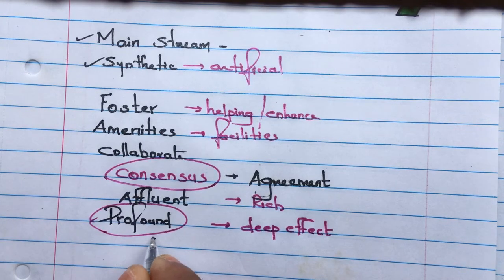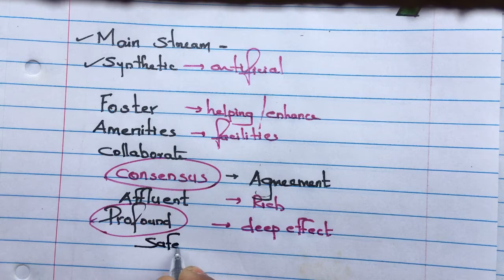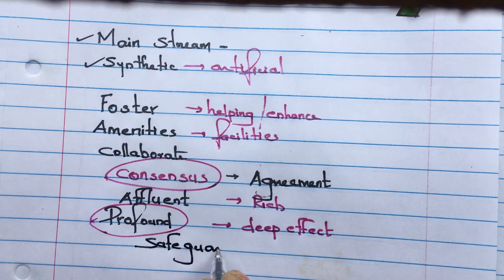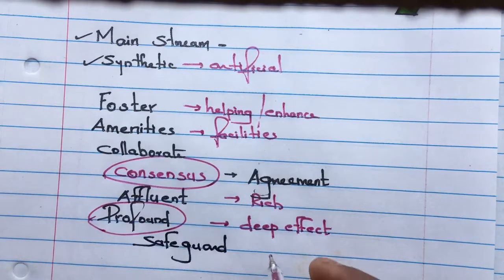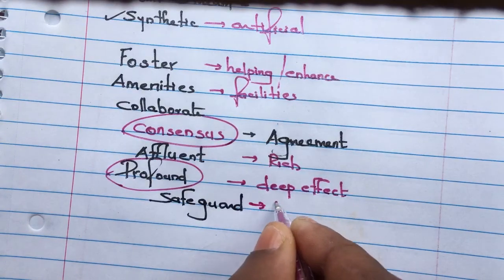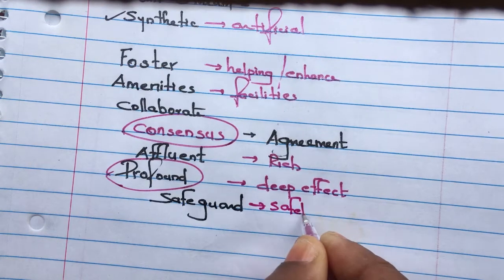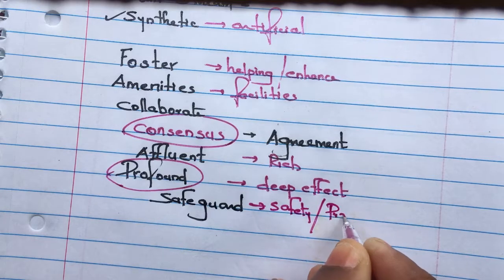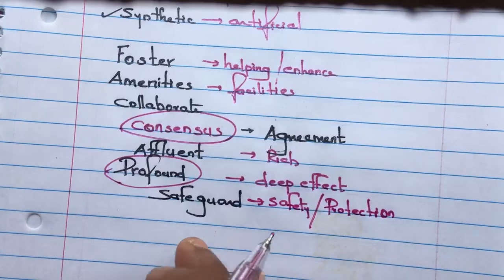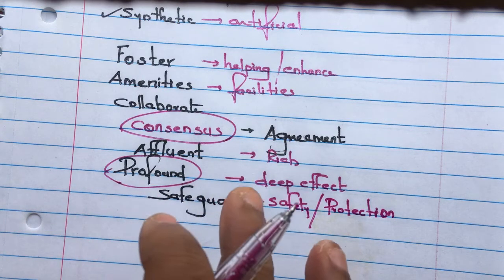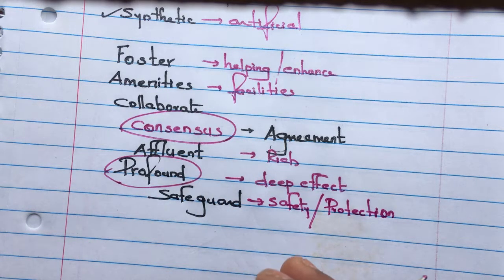And then next is safeguard. Safeguard means safety or protection. Whatever you do for your protection, you could add such words. Okay, these facilities are a really good safeguard for this purpose, or it safeguards us, or something like that.